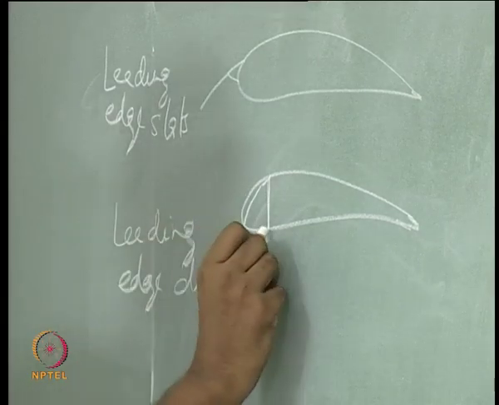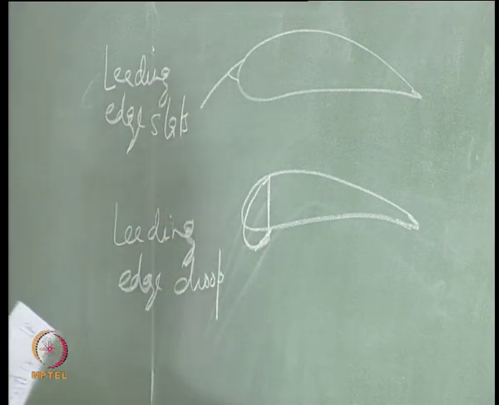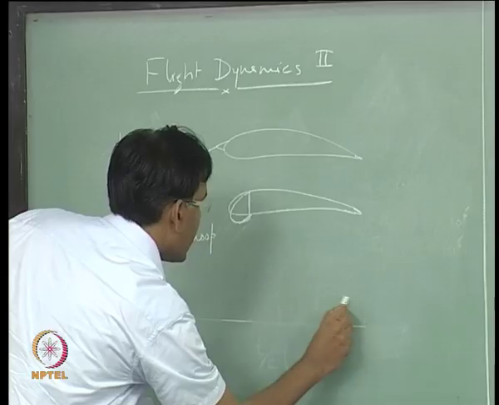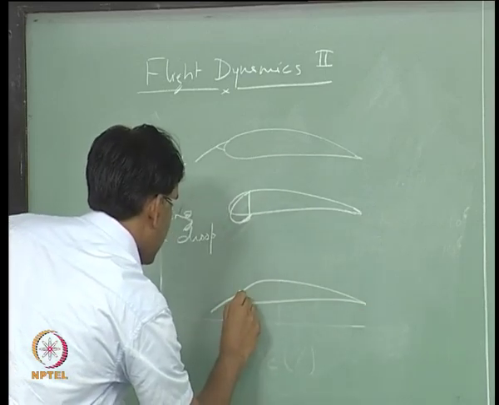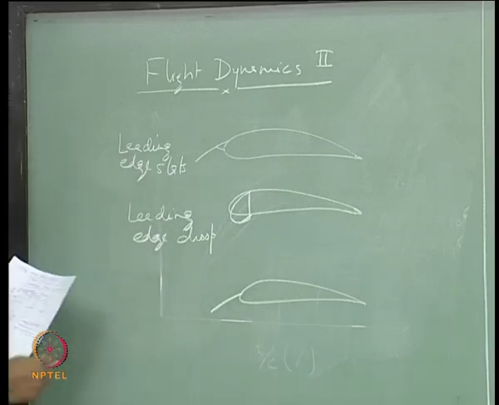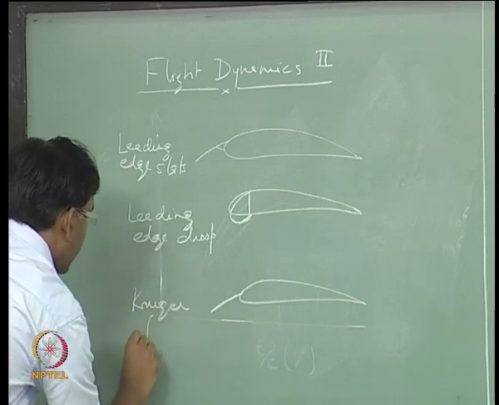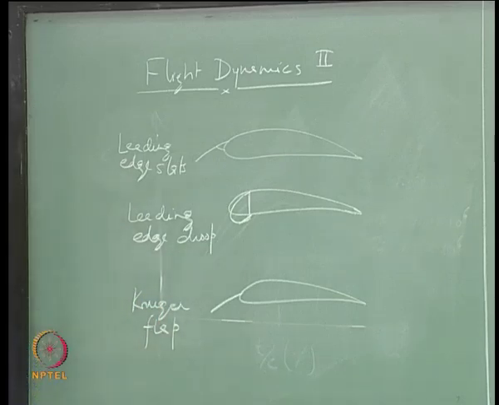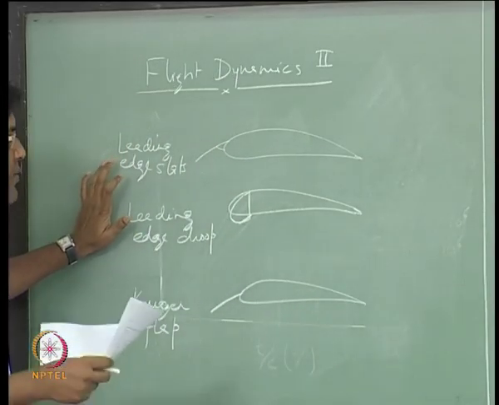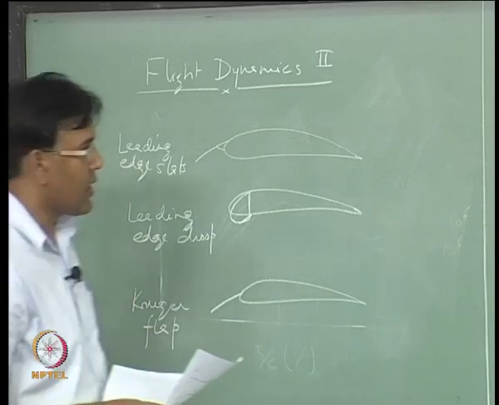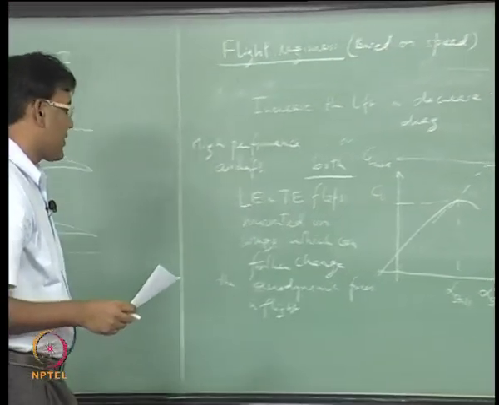This kind of arrangement is called leading edge droop. This is called Kruger flap. So, these devices are used on high performance aircraft nowadays to change the lift profile in flight.